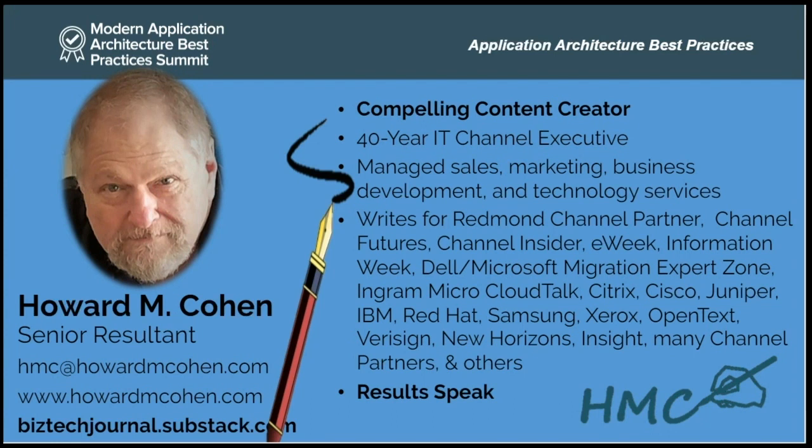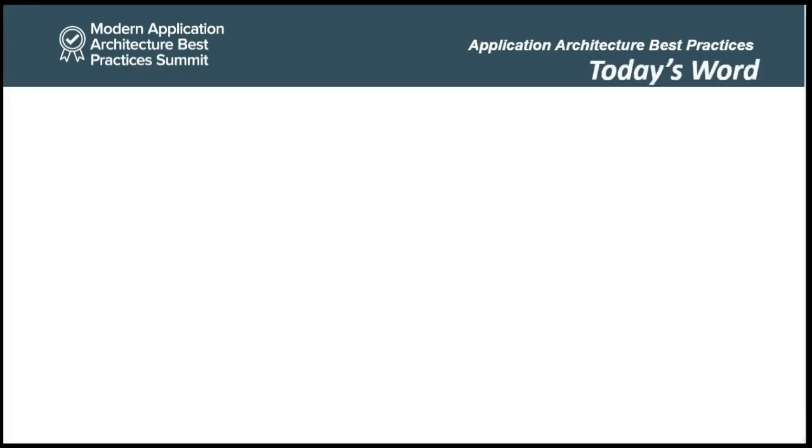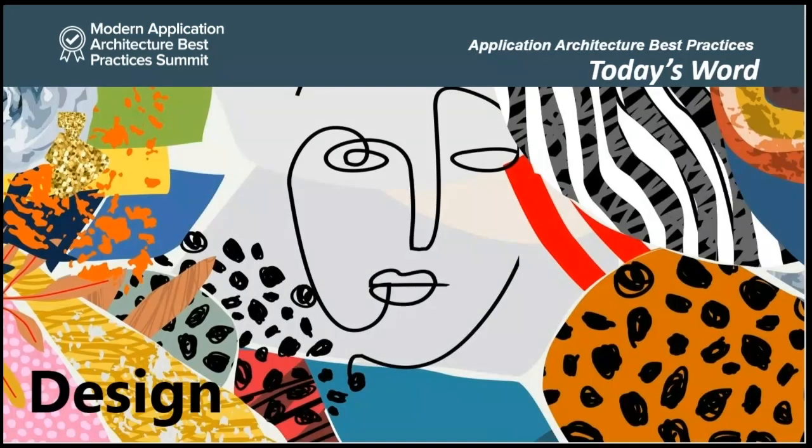Speaking of application development, today's topic is application architecture best practices. Those of you who've been at any of my presentations in the past know that I always like to start with a word of the day. I guess it's the writer in me. Today's word is one of my favorite words, and that is design. Not this design in particular, but design in general.